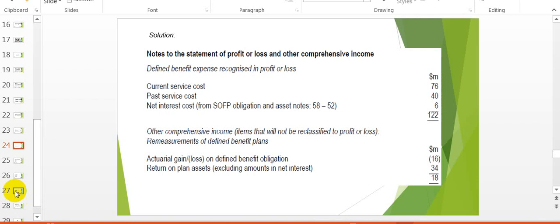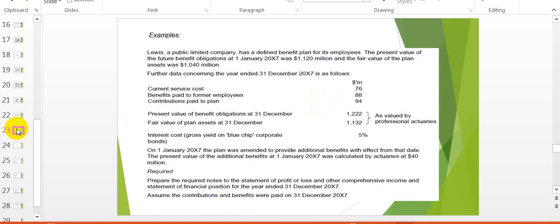So, three items go to the P&L. The past service costs, the current service costs, and the net of the interest cost or interest income. The interest here, 58 minus 52, is based on the 5% times the opening balances, 1,120 times 5%, and 1,040 times 5%.